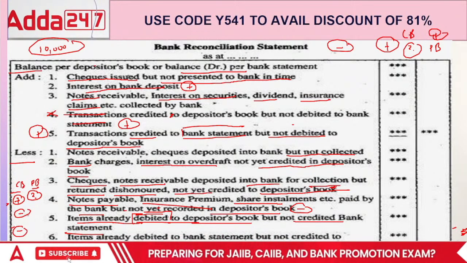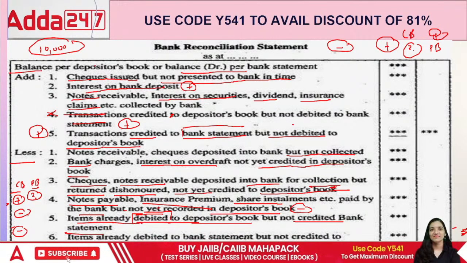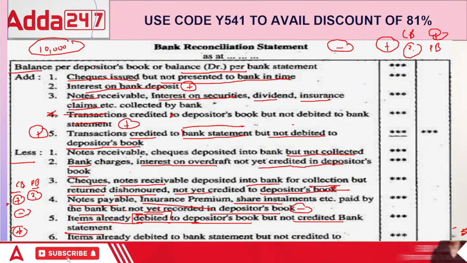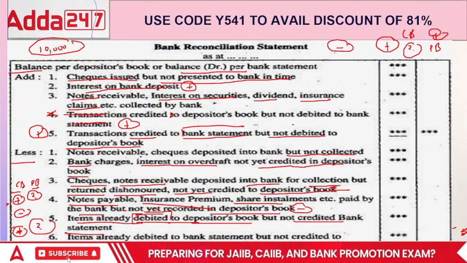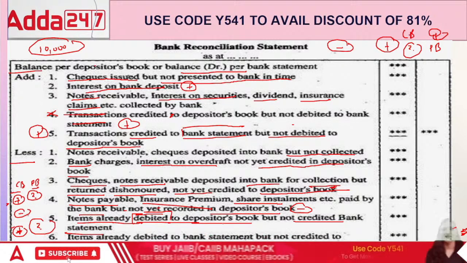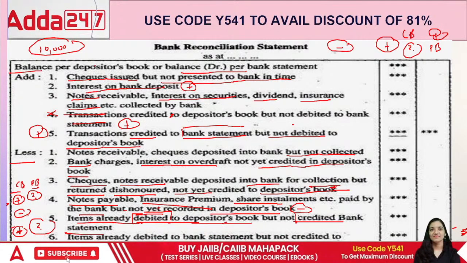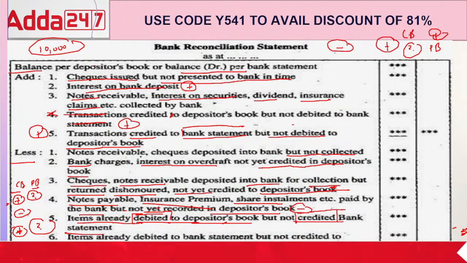Always remember, in the cash book, whenever money is increasing, it is from the debit side. So I thought that I have received some money in my bank account, but the passbook says nothing of that sort has actually happened. So it says, but not credited in the bank statement.